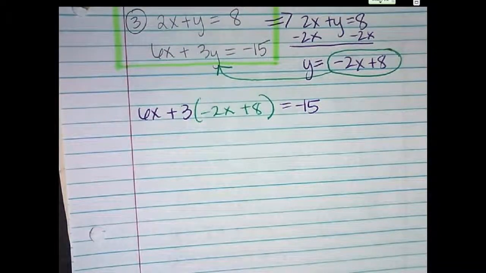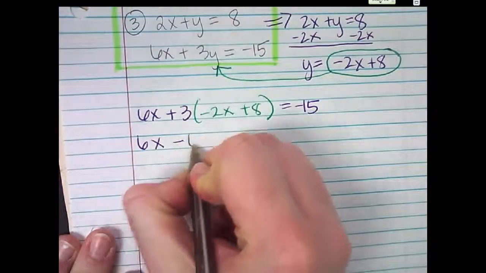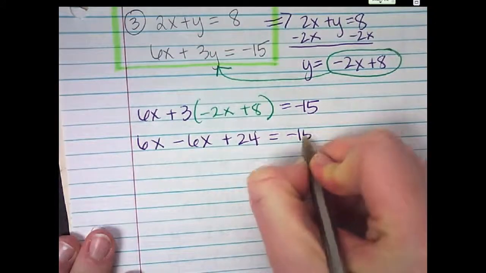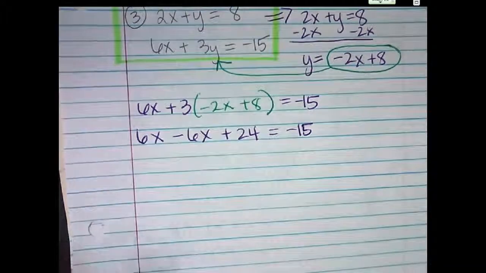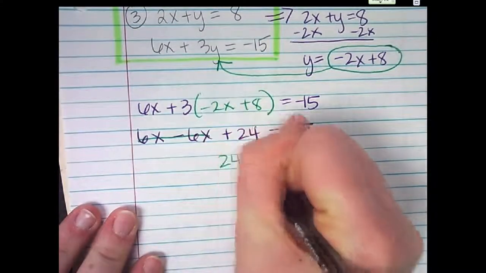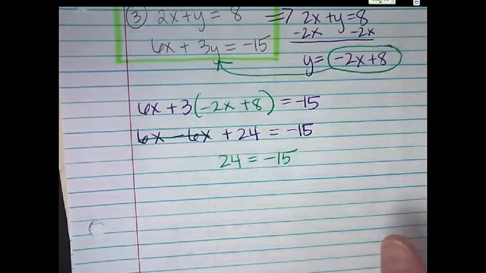Okay, so go ahead and solve for x. What happens to the 6x and the 6x on this one? They cancel. So I get 24 equals negative 15. What do you think our answer is here?